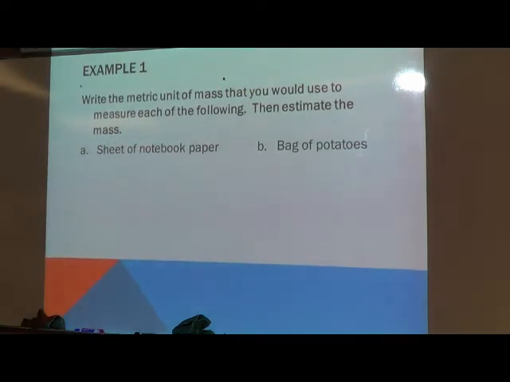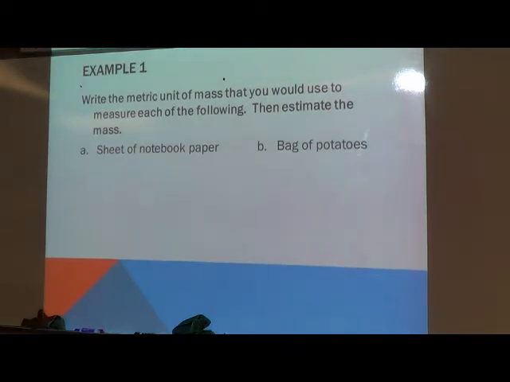But we're really asking ourselves, would a sheet of notebook paper compare to a grain of salt, or would it compare to a paper clip? I would say a sheet of notebook paper would compare more to a paper clip, and so it's going to be along the lines of a gram, not necessarily a kilogram or milligram.